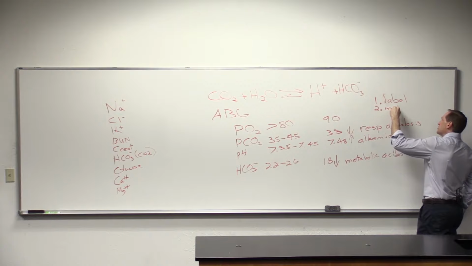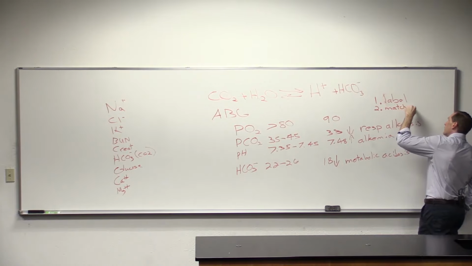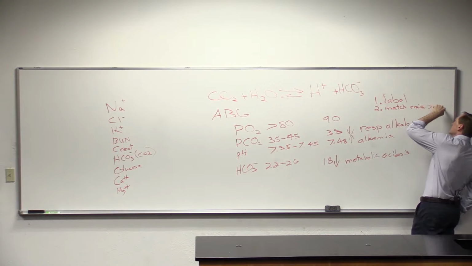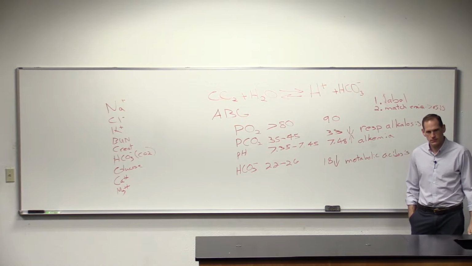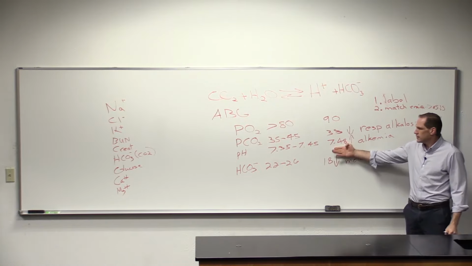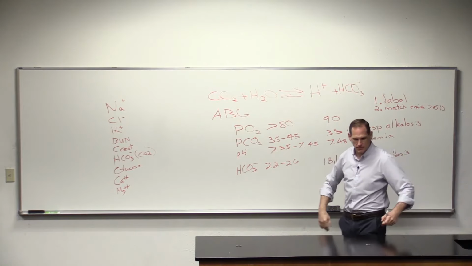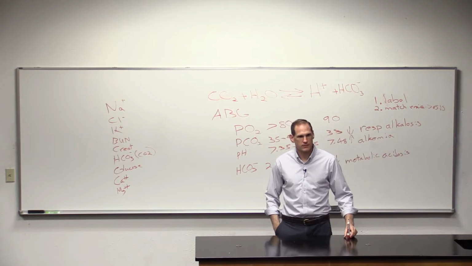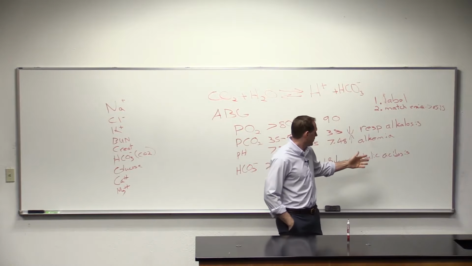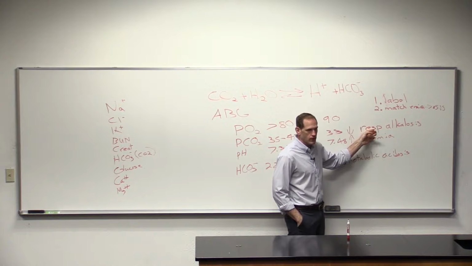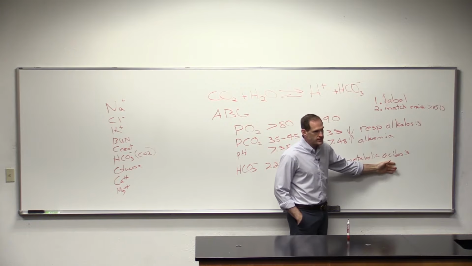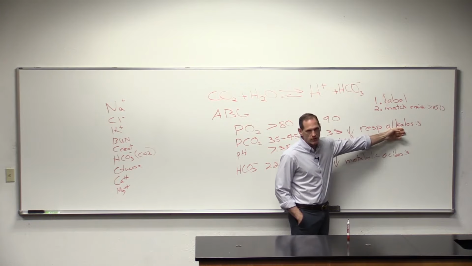So now step 2 is we're going to match our emia to our osis. What the heck does that mean, Dr. Heyman? All right, the pH is the overall balance of the blood, right? You have 2 processes going on in the body. One metabolic, one respiratory. One of them is pushing towards acid, one of them is pushing towards alkalosis.